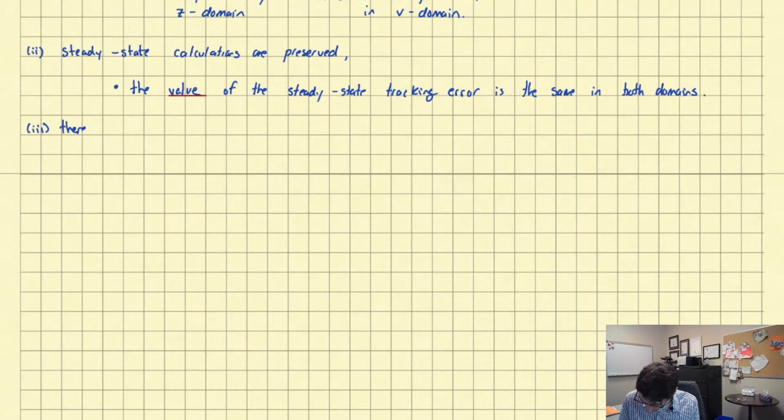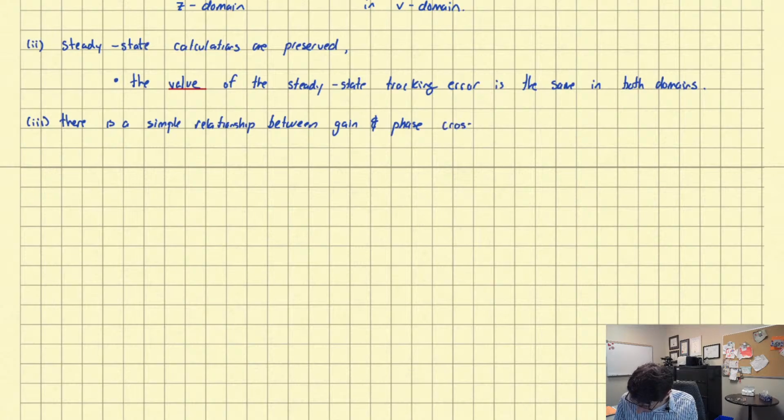There is a simple relationship between gain and phase crossover frequencies of the V version of the controller and the plant and the Z version. Okay. And let's just look at this in a little bit more detail before we do an example.